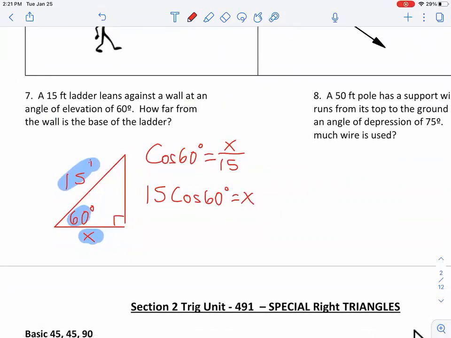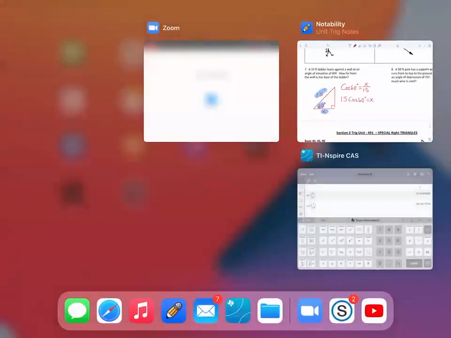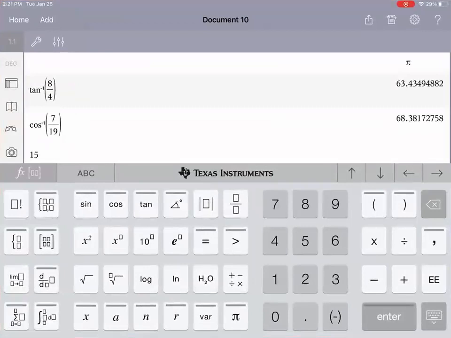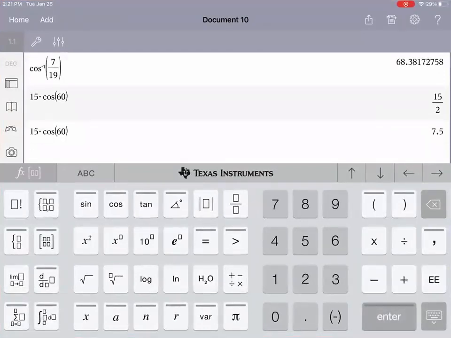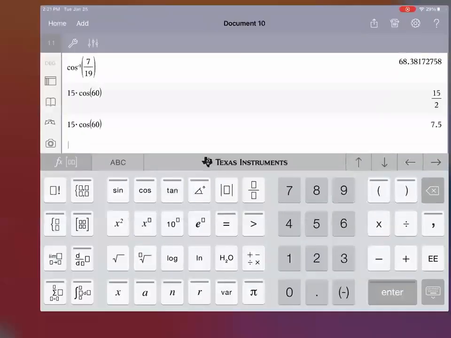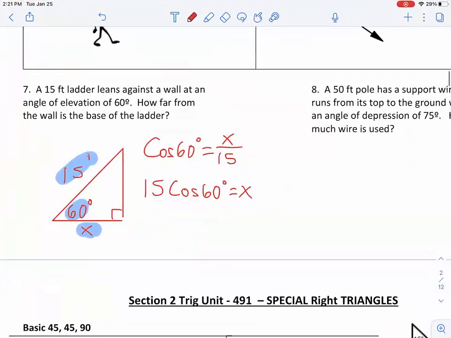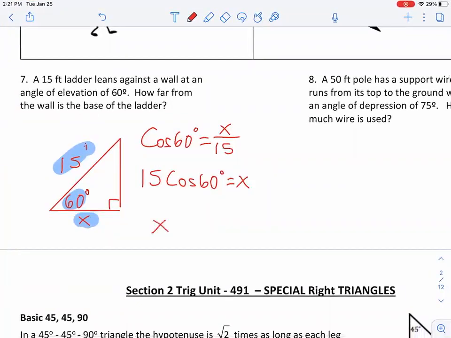And let's plug that in, in approximation. A nice number, huh? 15 halves, or 7.5, of course, right? So x is equal to 7.5, or you could write the fraction. And when you're done, your answer should be relative to the picture.